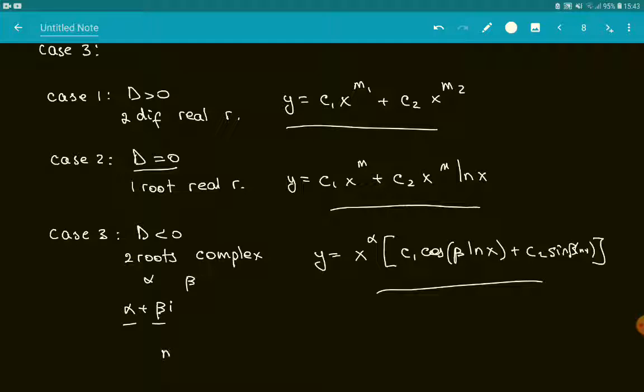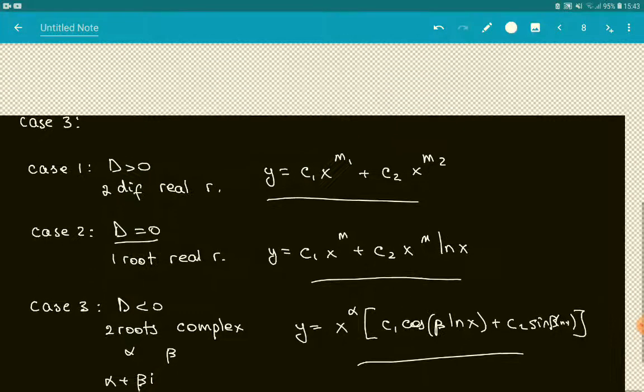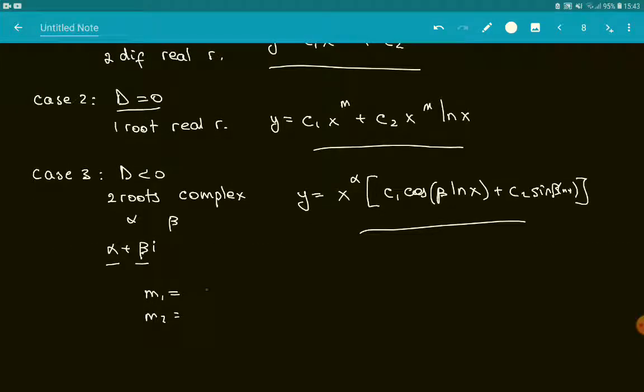Because we found m1 is equal to 0.5 plus 0.5i and m2 is 0.5 minus 0.5i, you can definitely determine your alpha and beta. So alpha is 0.5 and beta is 0.5.